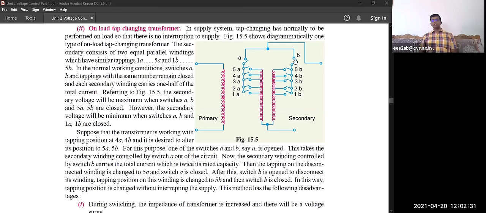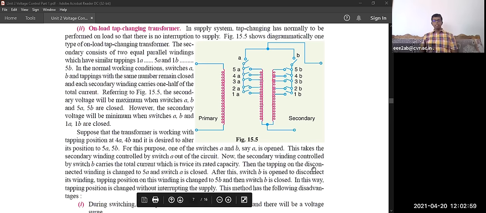So B is closed, and this side alone carries twice the total current. The secondary winding controlled by switch B carries the total current, which is twice its rated capacity.